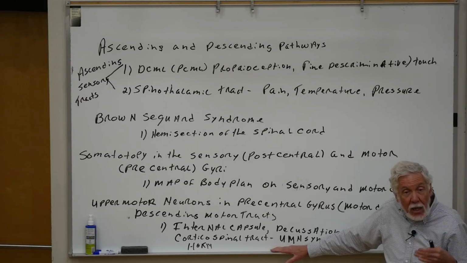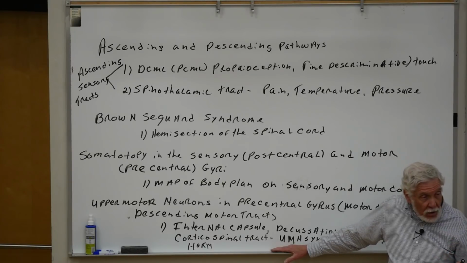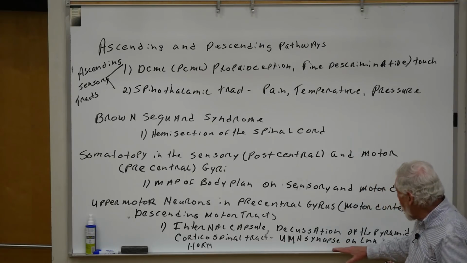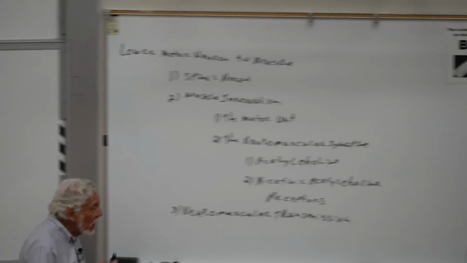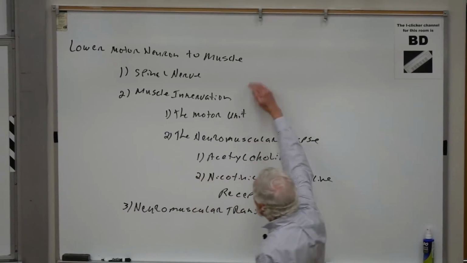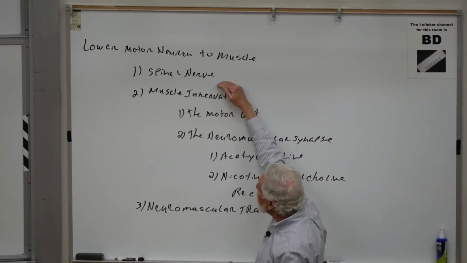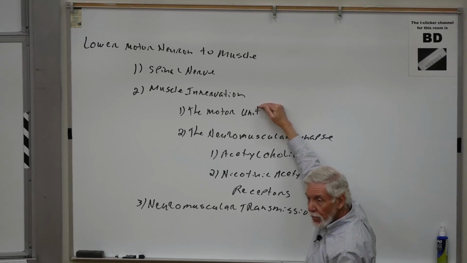Those upper motor neurons now synapse directly onto lower motor neurons. So there's a monosynaptic pathway from the upper motor neuron to the lower motor neuron, and that lower motor neuron then goes out from the central nervous system, as we've seen in the reflex arc, and joins a spinal nerve. From the spinal nerve, it then innervates muscle.